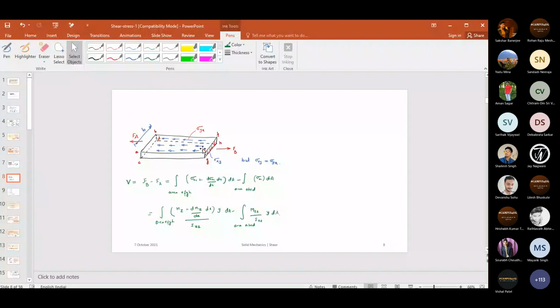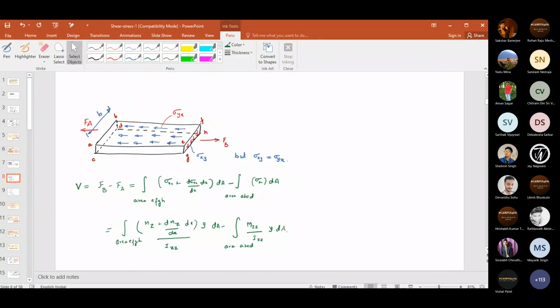Now, what is FB, the sigma xy? That FB will be equal to the integral over EFGH. This is EF. I think I have drawn it to a very small scale. I hope you can see this.